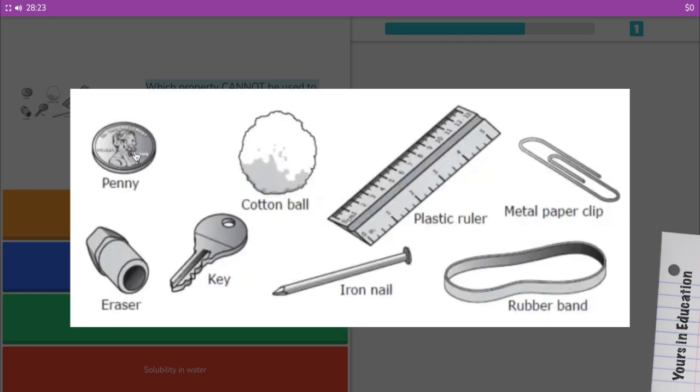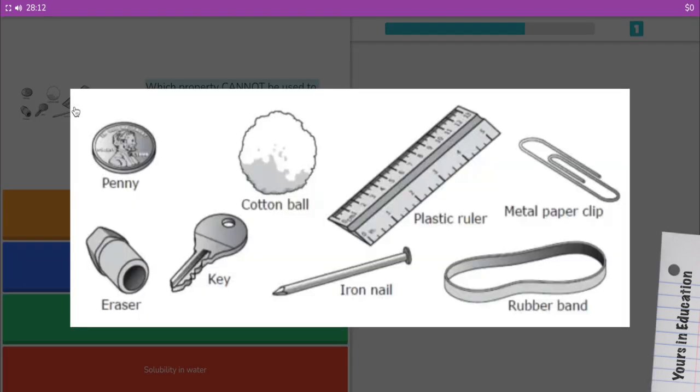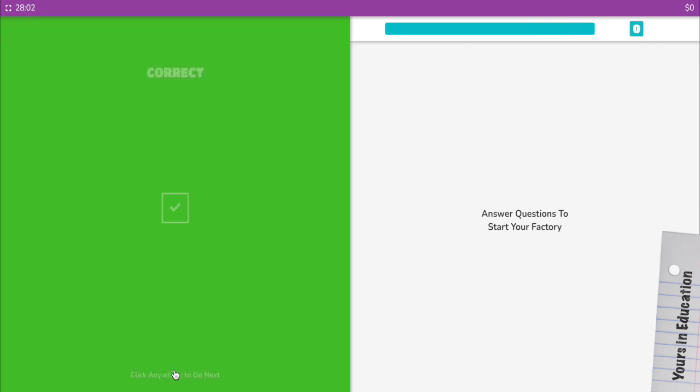The cotton ball is not, and the iron is, so that's not it. Mass. Some are big, some are medium, so that's not it. Solubility in water. All of these are non-soluble in water. They will not dissolve, so this one cannot be used to classify the objects.